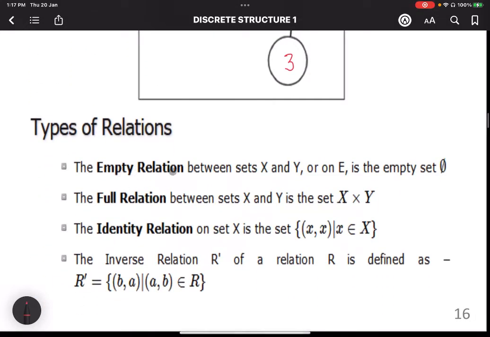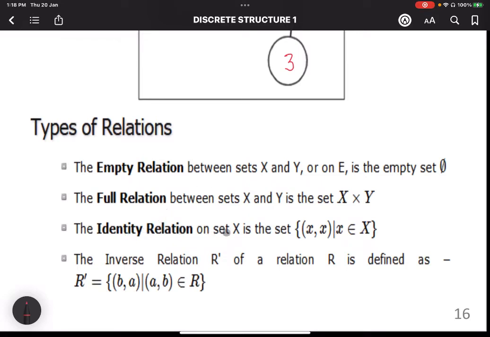Types of relations. Number 1, empty relation between sets x and y, or on E is the empty set 0. So kung wala silang relationship, then their set are 0, no? The full relation between sets x and y is the set x times y, no? So ibig sabihin, lahat ng element ni x and y merong full relationship.